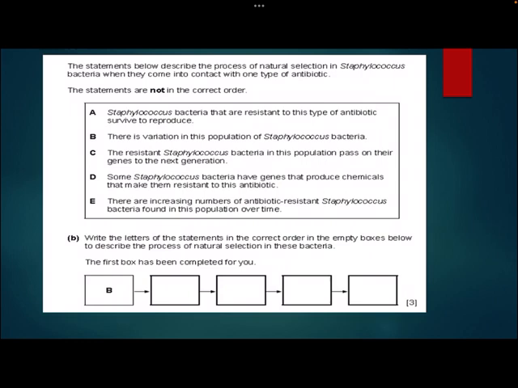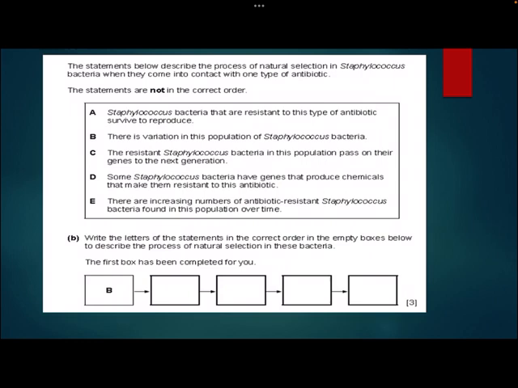C, the resistant Staphylococcus bacteria in this population pass on their genes to the next generation. D, some bacteria have genes that produce chemicals that make them resistant to the antibiotic. And E, there are an increasing number of antibiotic-resistant bacteria found in this population over time. Write them in the correct order in the empty boxes below to describe the process of natural selection in these bacteria.